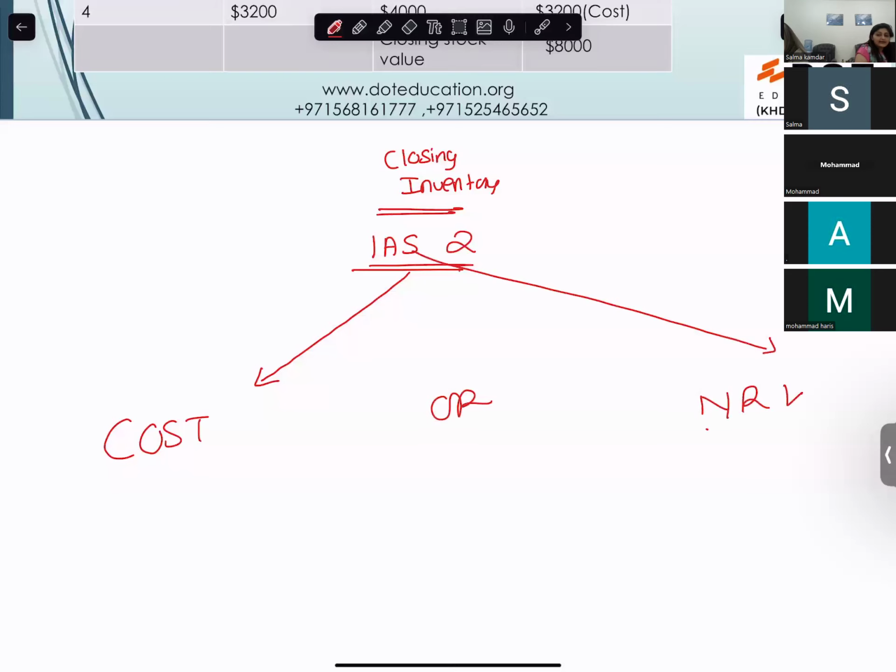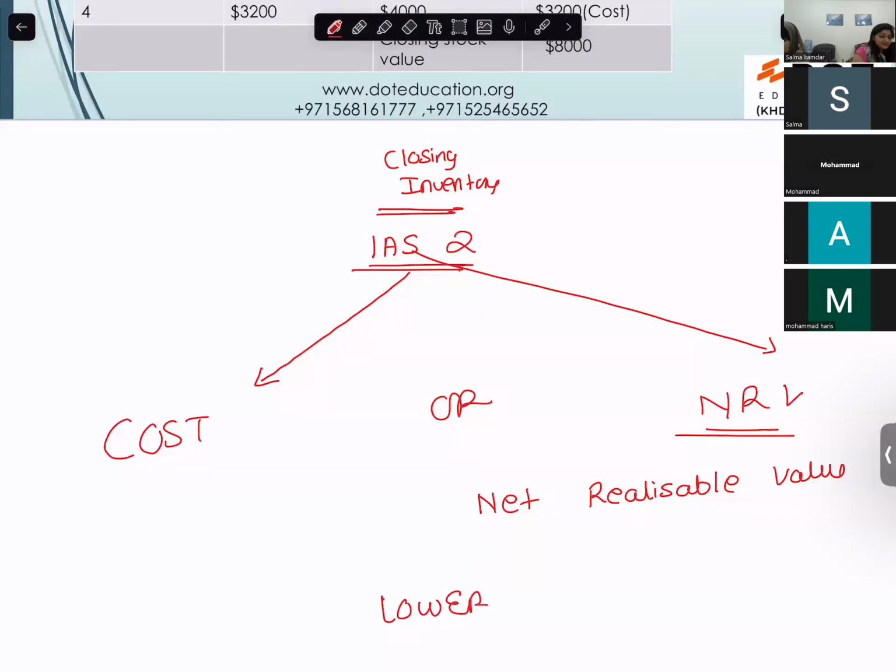When I talk about NRV, it is nothing but the net realizable value, the value that you will realize, you will get in the market. So your inventory should be valued at cost or NRV, whichever is lower. This is the principle in accordance with IAS 2.